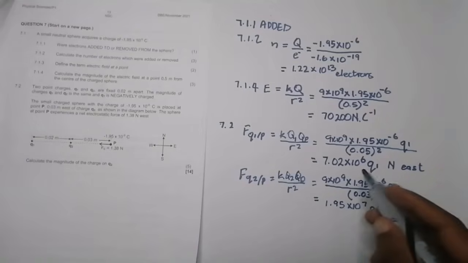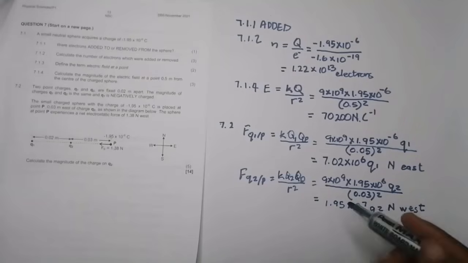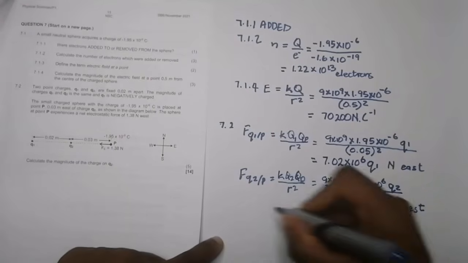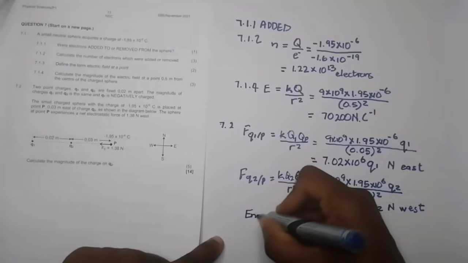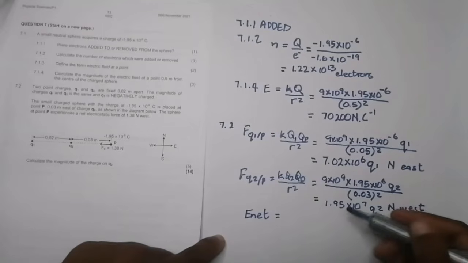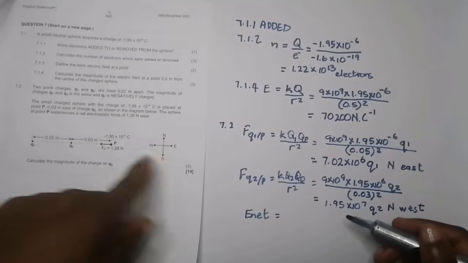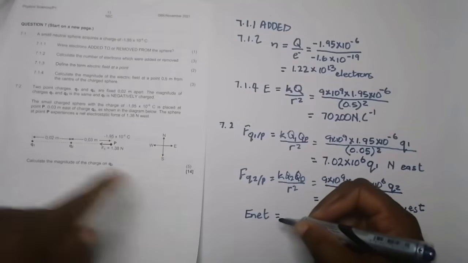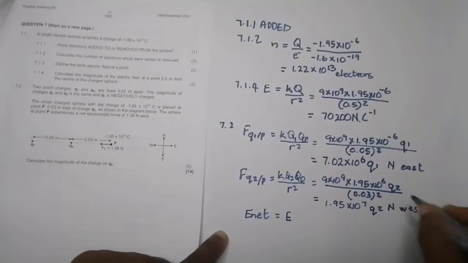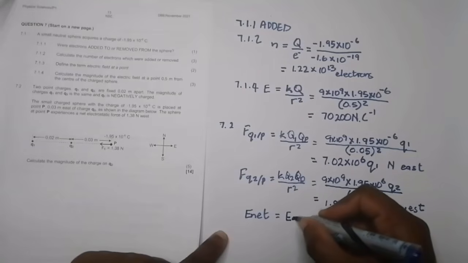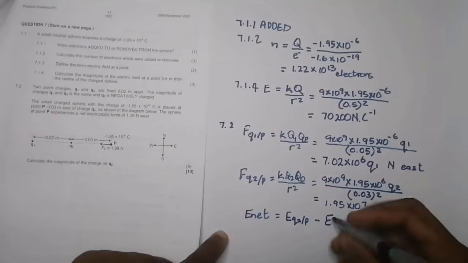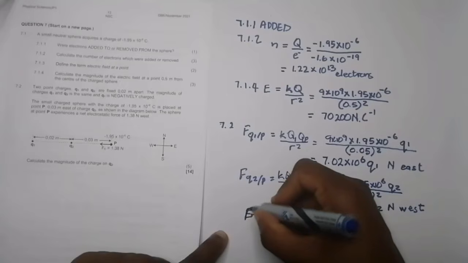Even if you took west as positive, or east as positive, ultimately my net force would be equal to, let's take west as positive, since our net force is to the west, so it's going to be F of Q2 on P minus the force, why am I saying the net field rather?